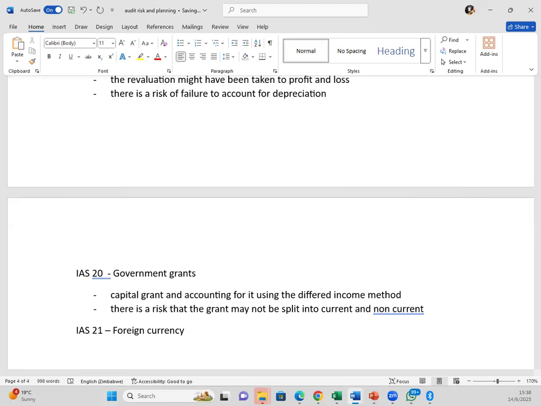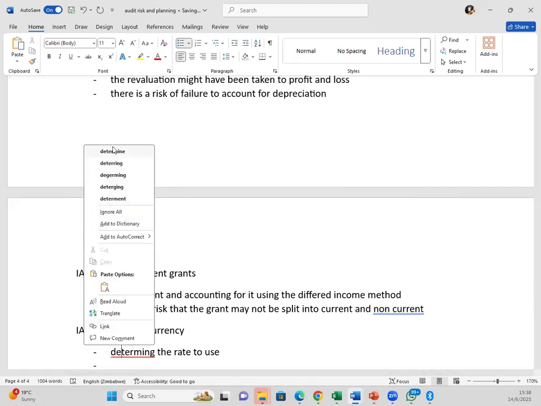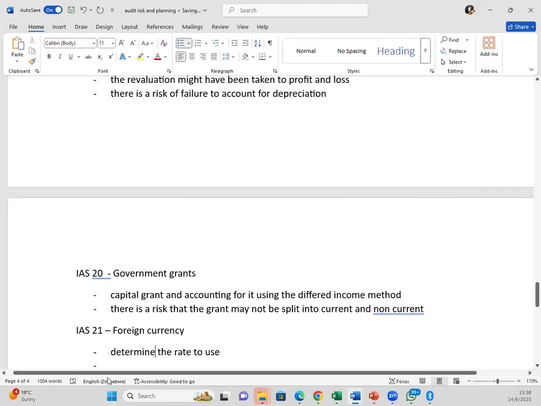So the problem here could be determining the rate to use. What could be the key risk? The risk could be the use of the wrong rate, or besides using the wrong rate, we can also have failure to account for foreign exchange gains and losses.